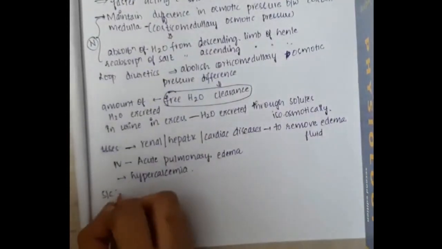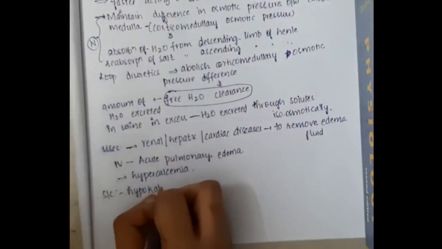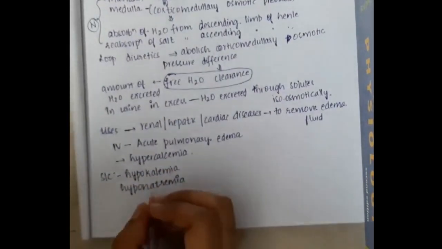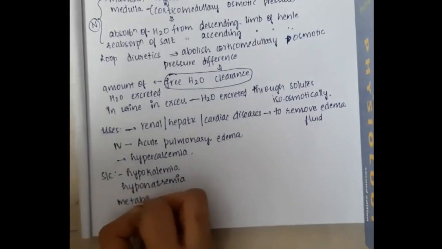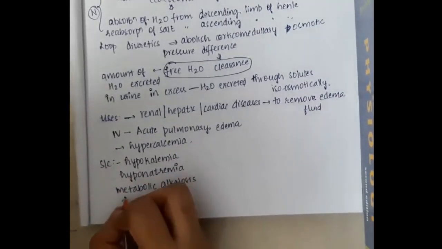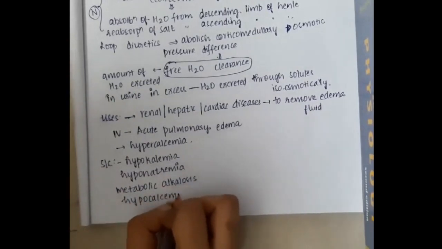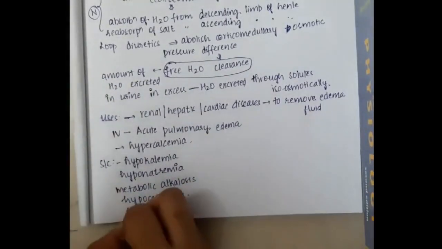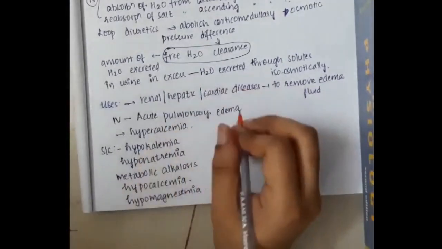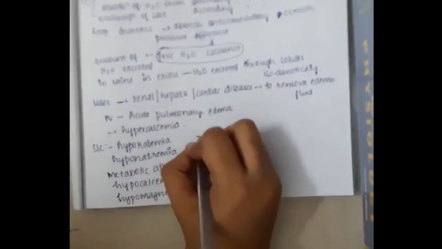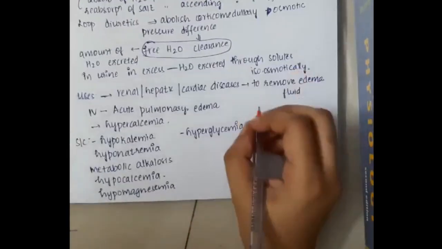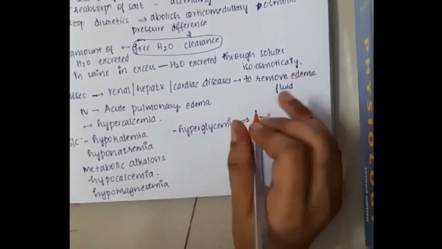The side effects include hypokalemia, hyponatremia, metabolic alkalosis, and also hypocalcemia and hypomagnesemia, due to paracellular loss of magnesium and calcium in the presence of loop diuretics.